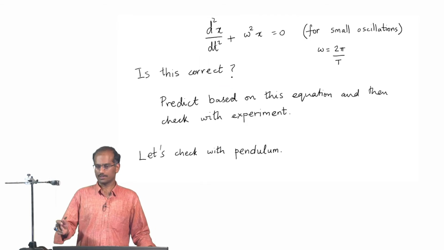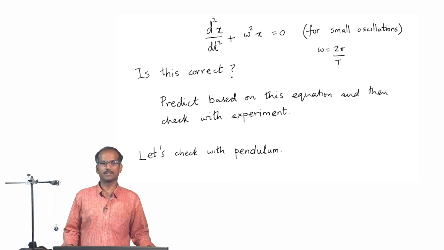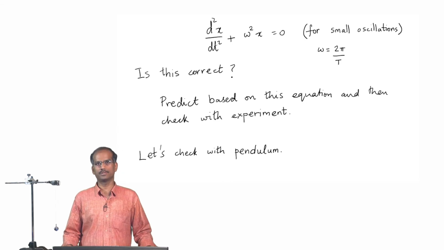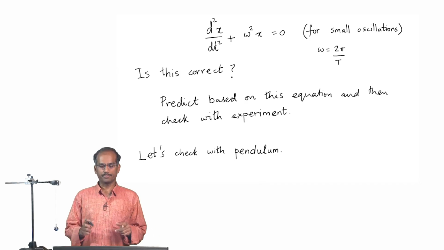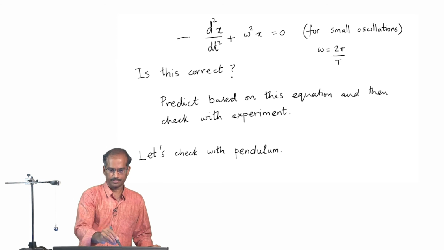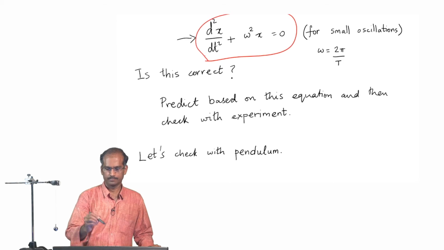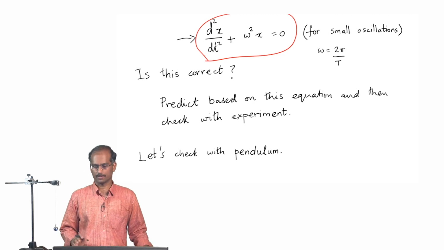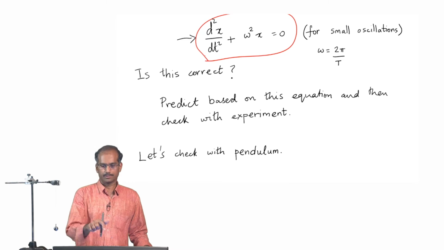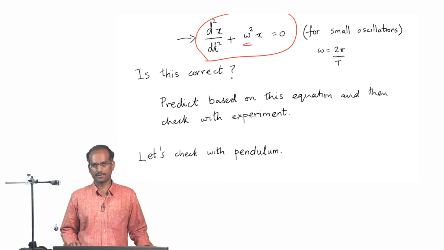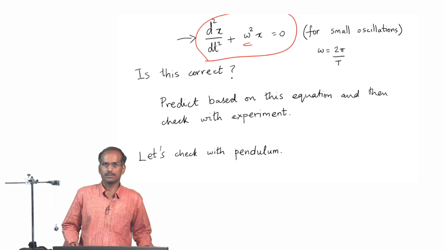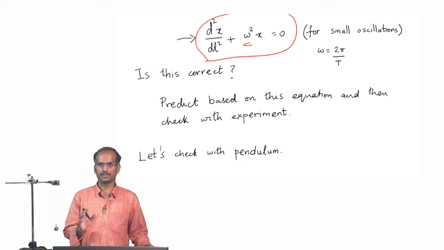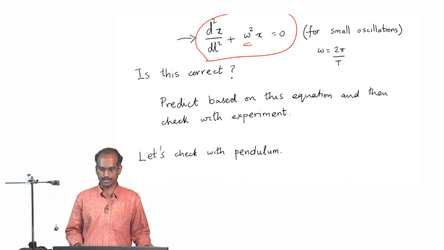Motivated by what we saw with the pendulum, we made this ansatz that the restoring force is proportional to displacement with the crucial negative sign, and then with a few simple steps we arrived at this equation here. It is important to remember that this is valid only for small oscillations, and this quantity omega square that we have written down here is related to the inverse of something that has information about the time scale in the system.